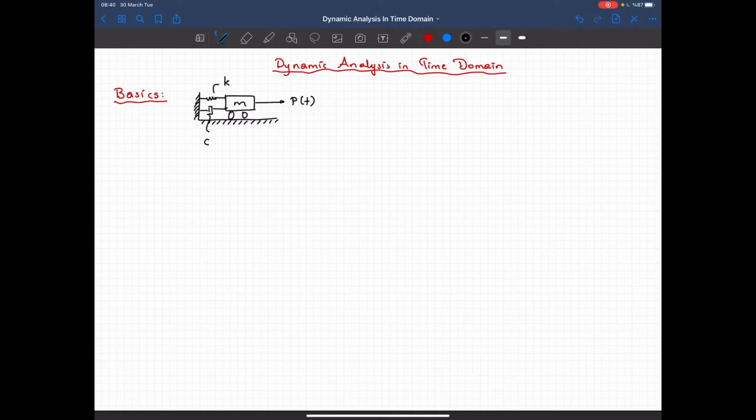Now if we write the equilibrium condition for this dynamic system, on one side I have the applied forces.